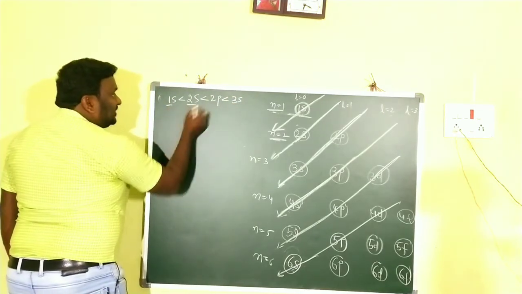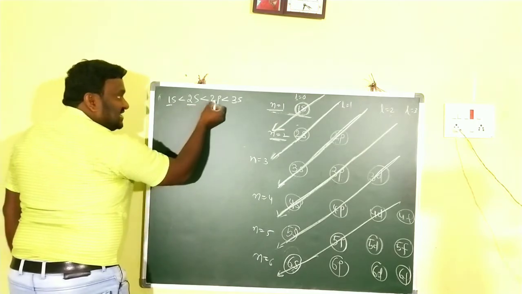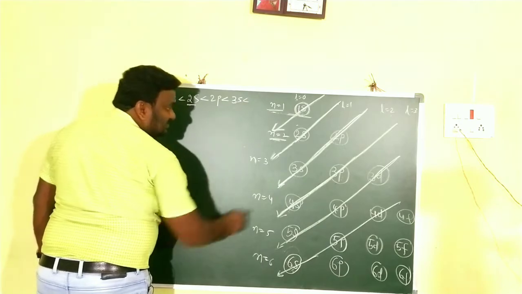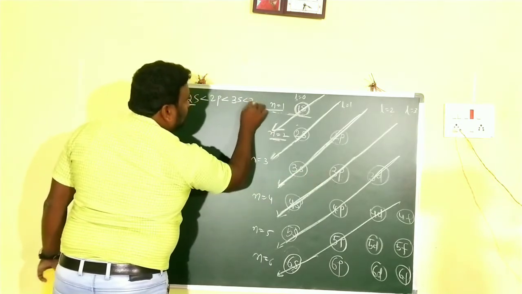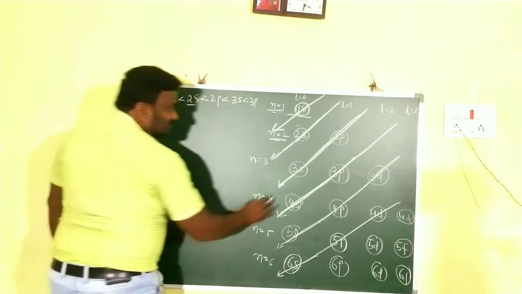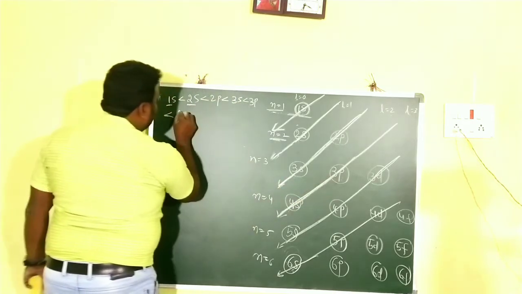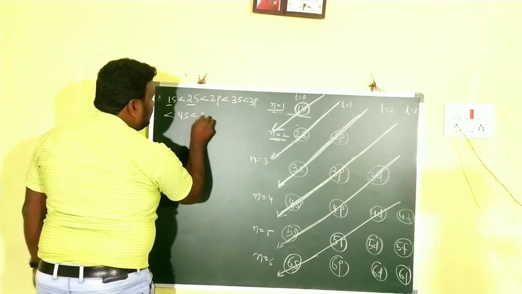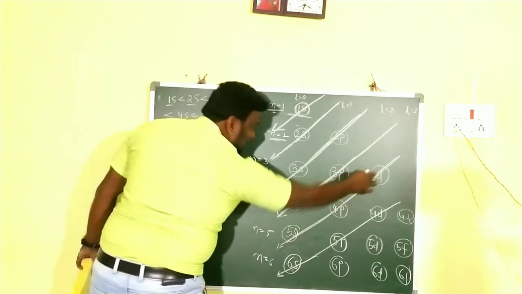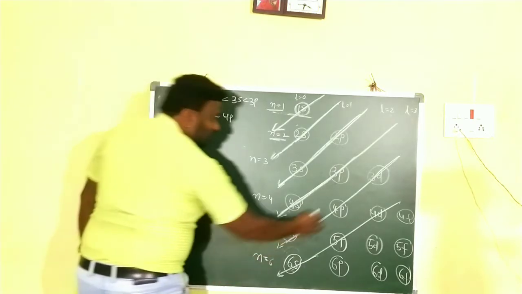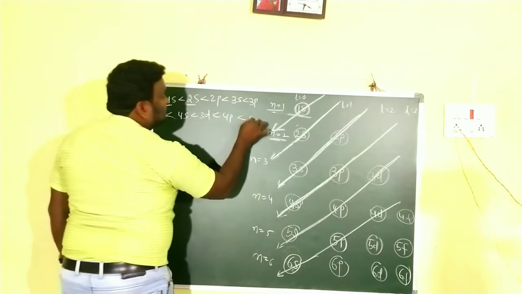And next is 3s, 3s is less than 3p. Clear? 3p is less than 4s, 4s is less than 3d, 3d is less than 4p, and 4p is less than 5s.